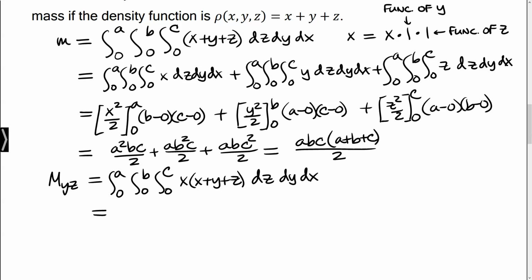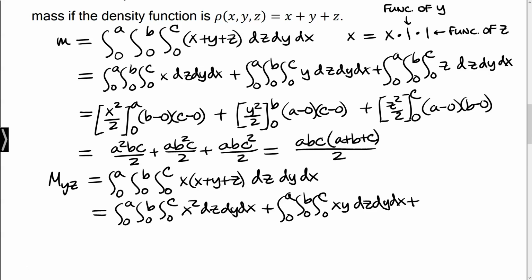But we can still use the same kind of trick that we had before. If I distribute this, it's x squared plus xy plus xz. And once I split it up into the terms, each of those individual terms will be a function of x times a function of y times a function of z. So let's go ahead and do that. So we've got the integral of x squared plus the integral of xy plus the integral of xz.